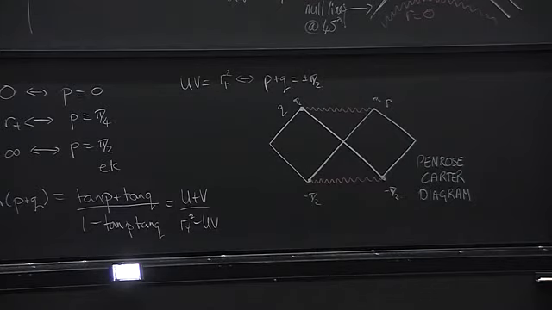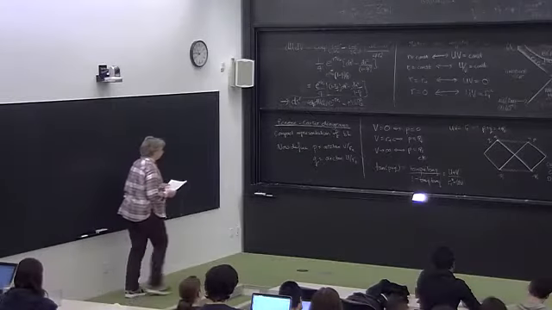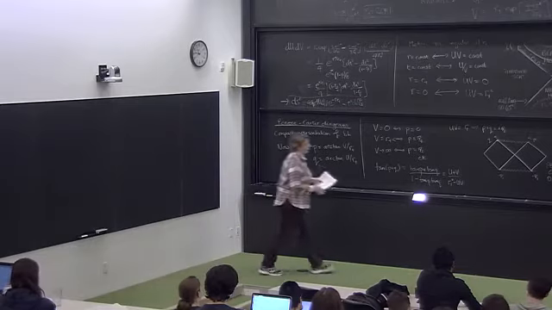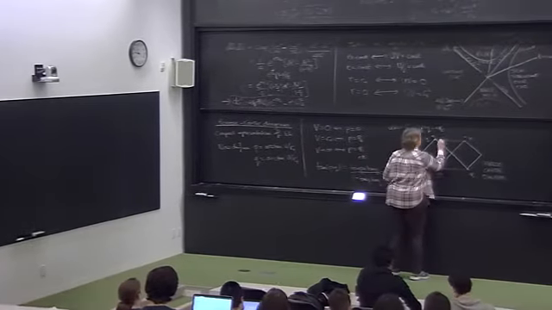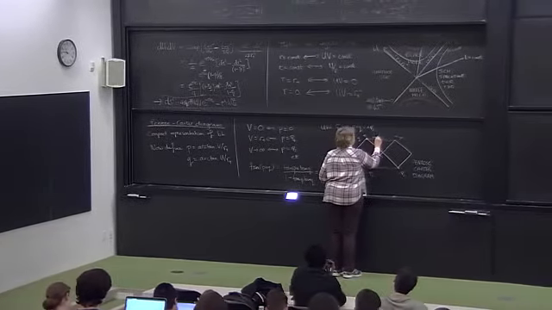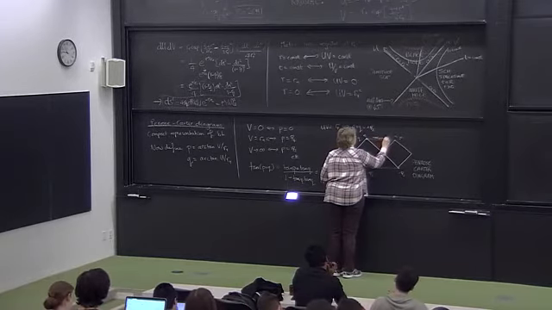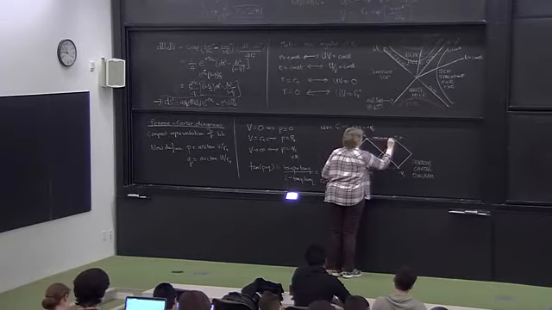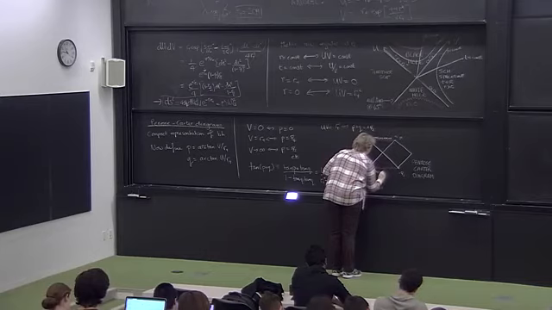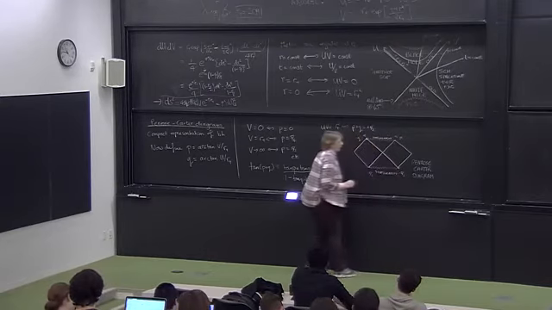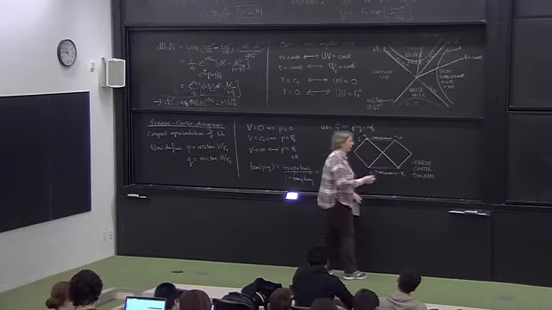Okay. So what we've actually done here is encoded the causal structure. So let's look at what everything is. This is our singularity. This is the full event horizon.